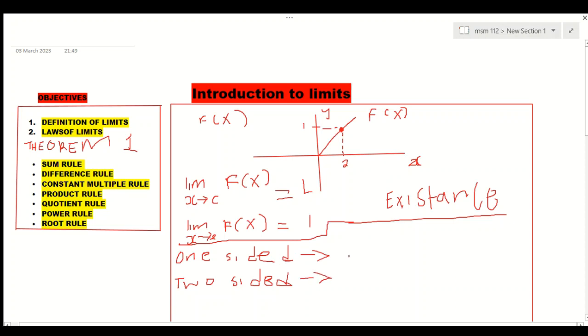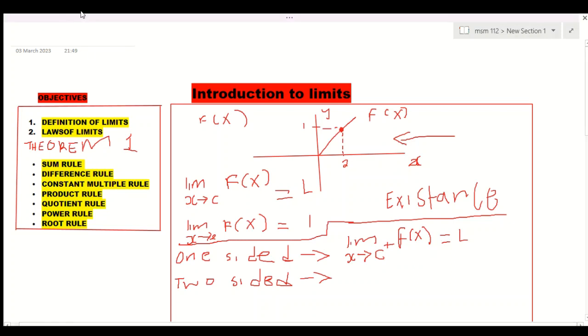A one-sided limit is something which looks like this. Limit as x approaches some value, which is c. When you see this positive sign there, it means the limit is coming from the right hand side. So x is approaching a certain number from the right hand side of f of x, which is the function, should be equal to L.